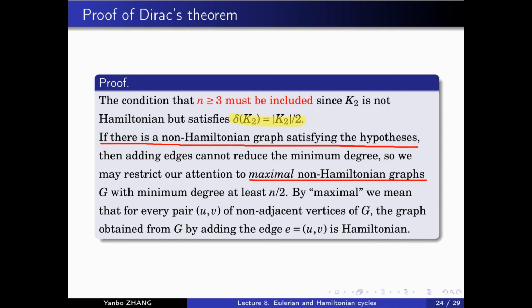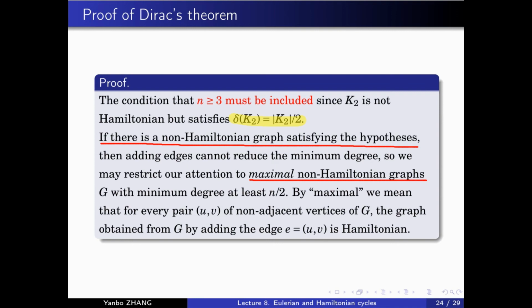Go on with this procedure until no edge can be added. That is to say, if you add any one more edge to the graph, it becomes Hamiltonian. So we keep adding edges until it is a maximal non-Hamiltonian graph. Then we stop, because if you add any edge to this maximal non-Hamiltonian graph, it will become a Hamiltonian graph.